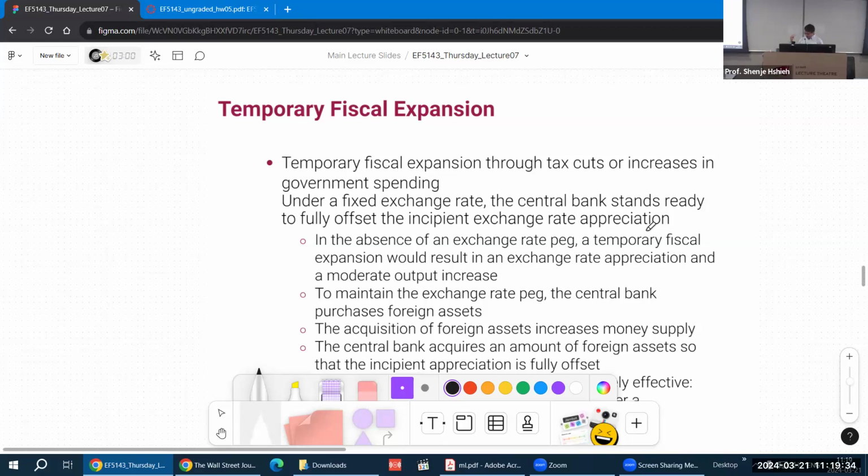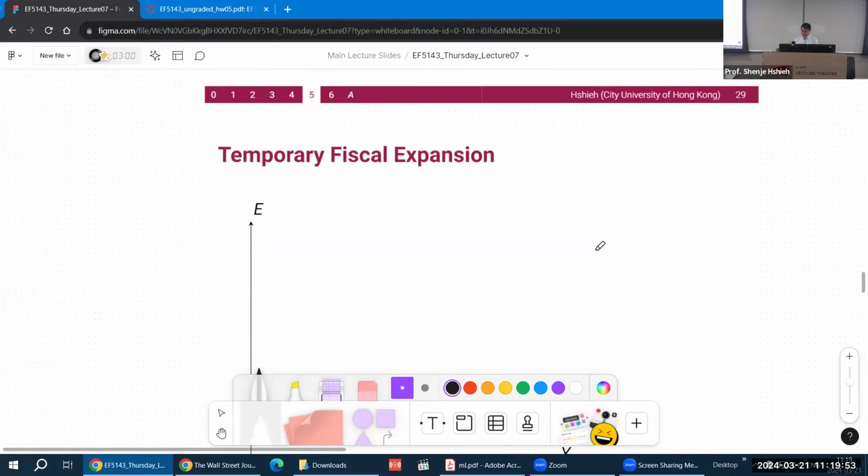So to undo that strengthening of the currency, all you would have to do is expand your money supply. That would counteract the strengthening of the currency and actually maintain the exchange rate at its current level, that's the pre-shock, pre-fiscal policy level. So let me show you what that looks like.